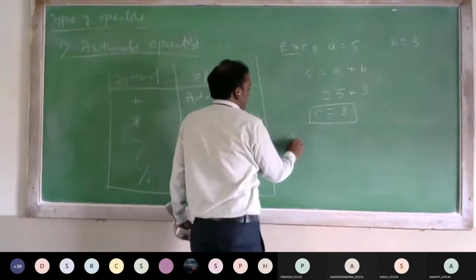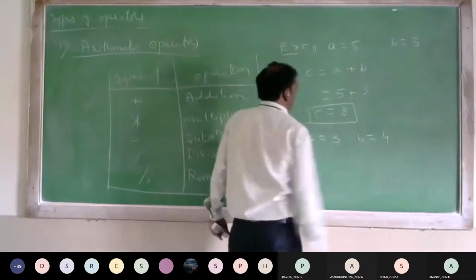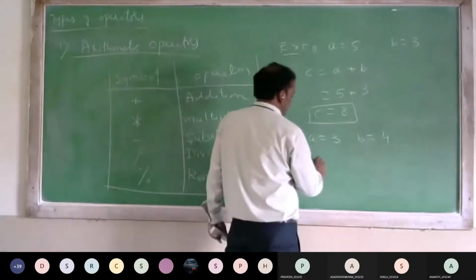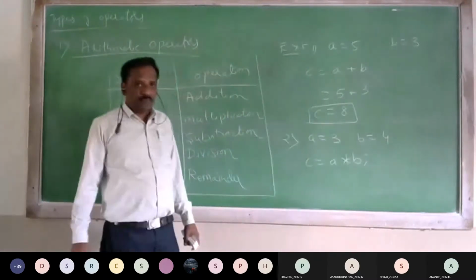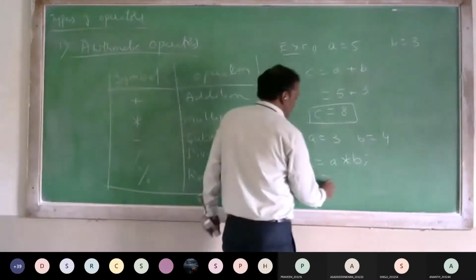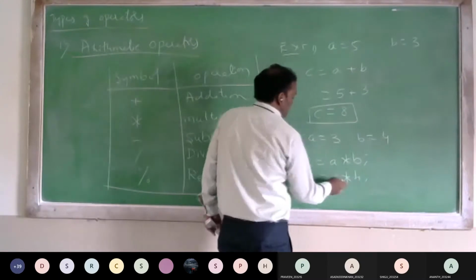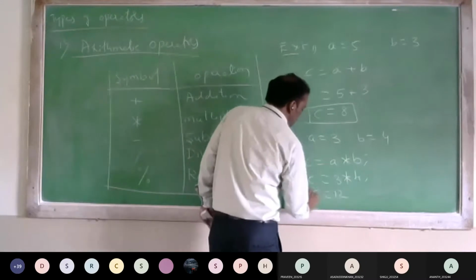Now, second example. If A is 3 and B is 4, and I want to multiply two numbers, C is equal to A into B. A is 3 and B is 4. 3 into 4 is 12.